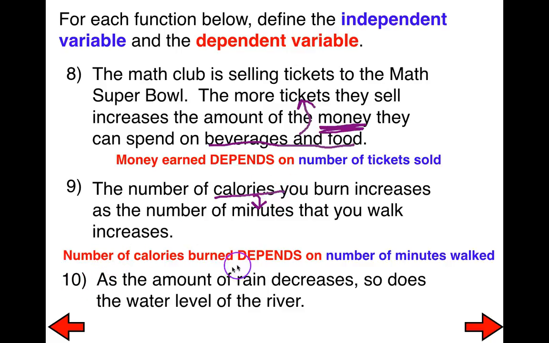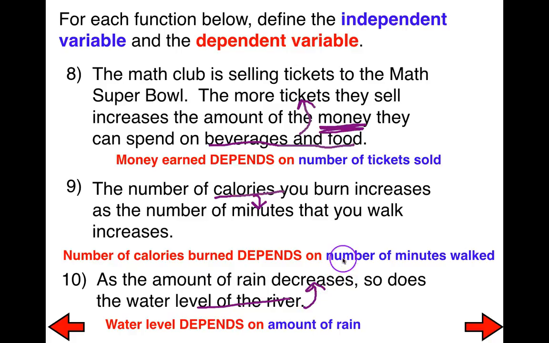And number 10, as the amount of rain decreases, so does the water level of the river. So does the amount of rain depend on the water level of the river? Or does the water level of the river depend on the amount of rain? Hopefully you said the level of the river depends on the amount of rain. Okay, so you gotta logically figure out what depends on the other.